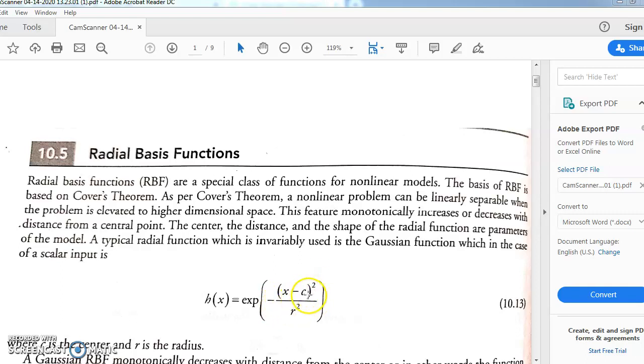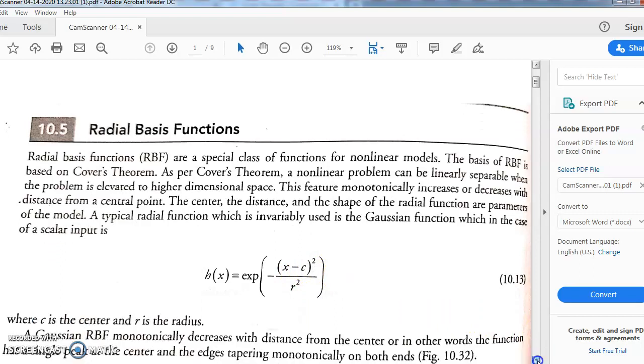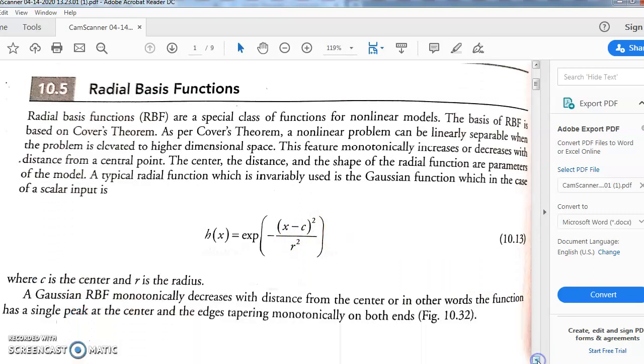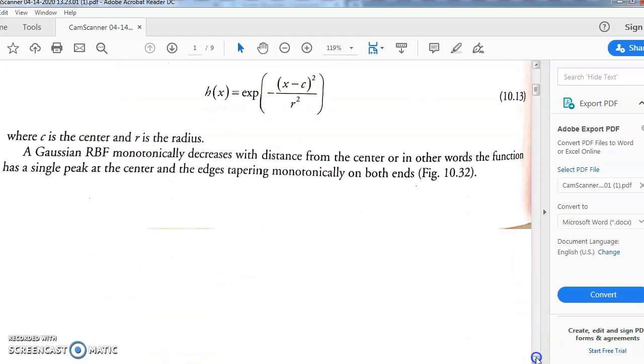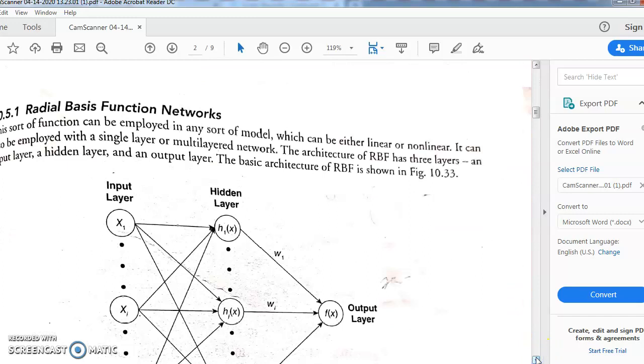C is the center which we have selected for the classification, and r is the radius. Radius is the distance of this point from the boundary of the selection.